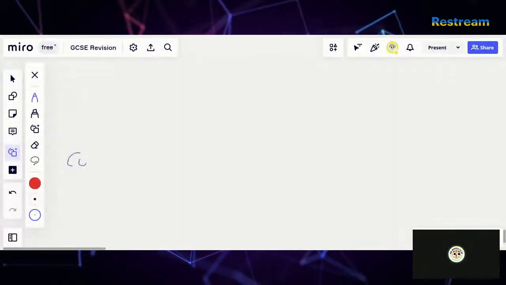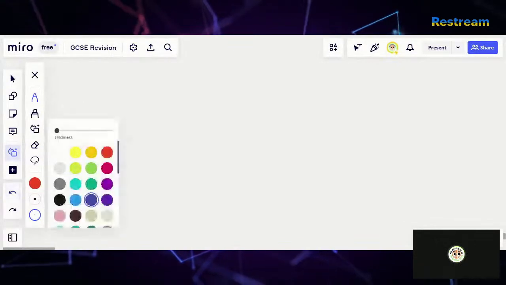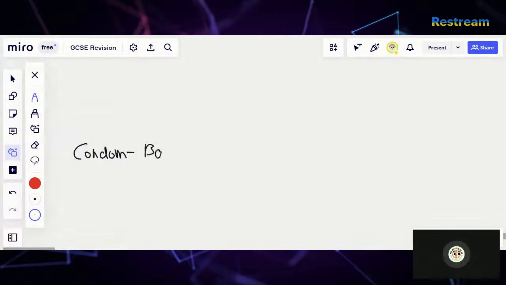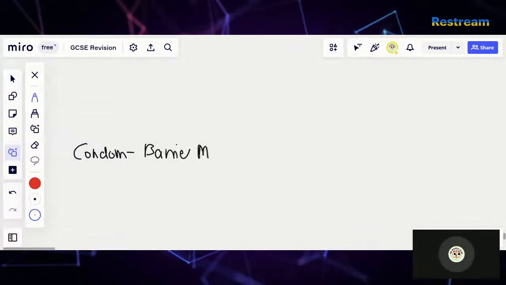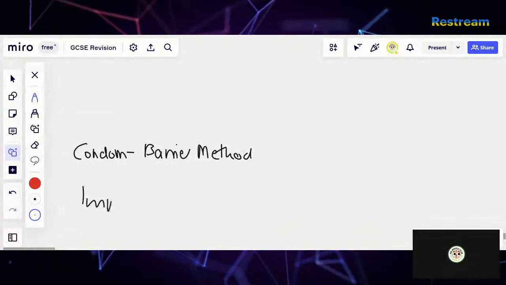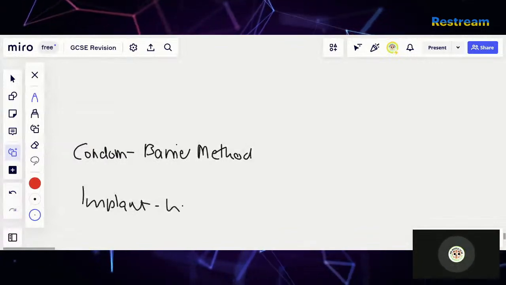So let's write down all we know about this question. So the condom is a barrier method, as we just said, whereas the implant is a hormonal method.